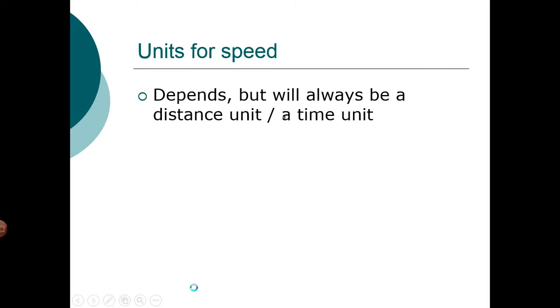Sometimes a unit for speed is not appropriate for one object while it is appropriate for another object, but it will always be a distance unit divided by a time unit. Remember when we're talking about units and you see this fraction bar, you say the word per, so it would be distance per time. Here are some examples.